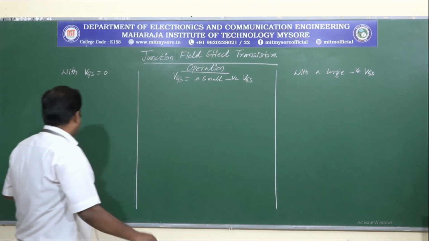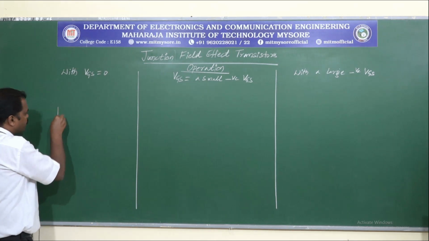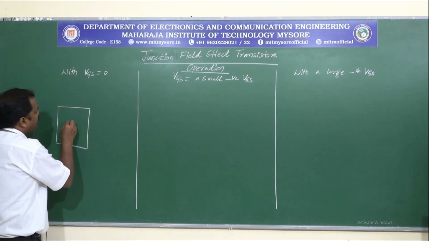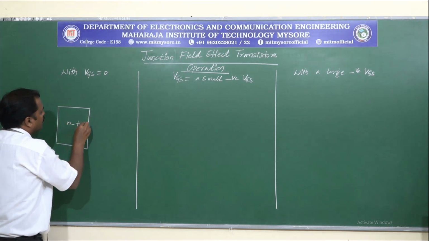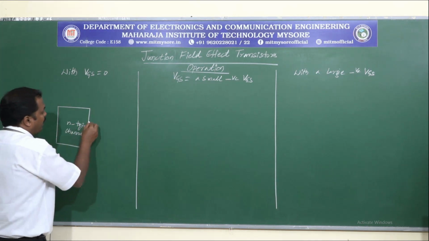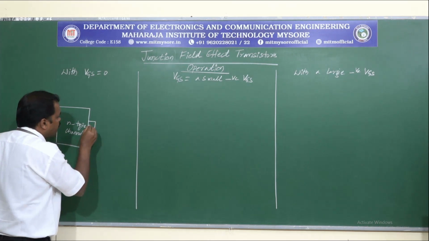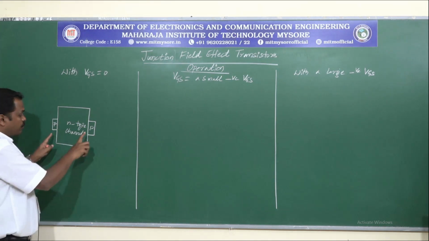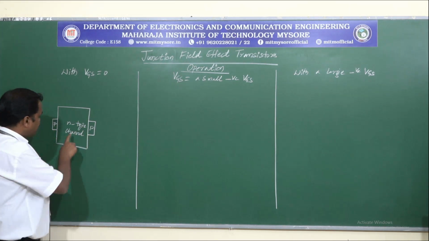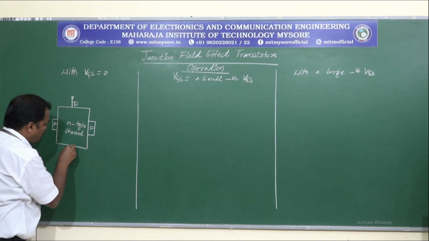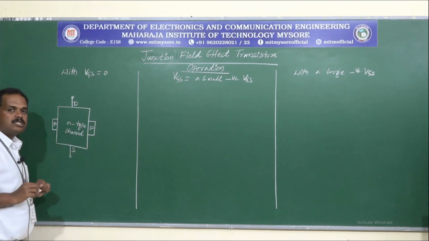So, let us consider this diagram where we have the N-type channel. This is the N-type channel and it is sandwiched between two P-type gates. So, these two are gate regions and this is the channel region, and let us say this is the drain terminal and this is the source terminal.